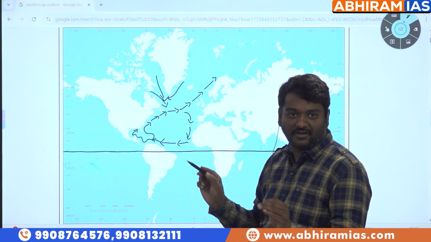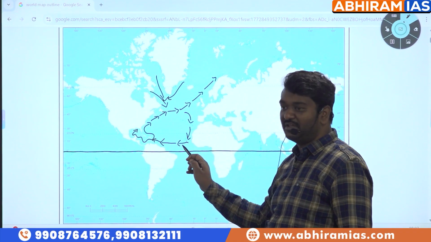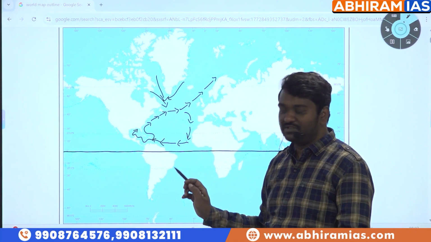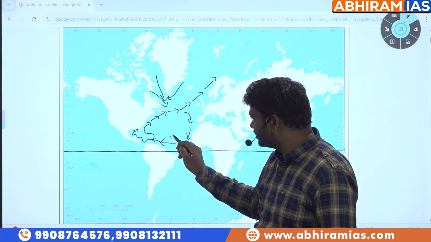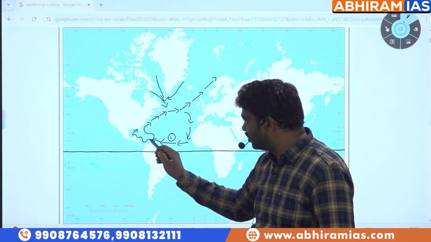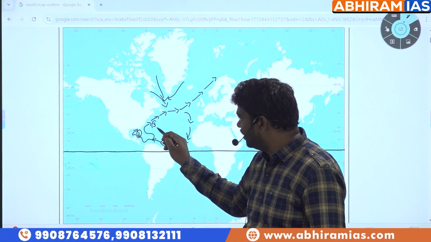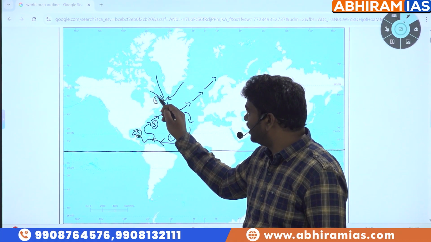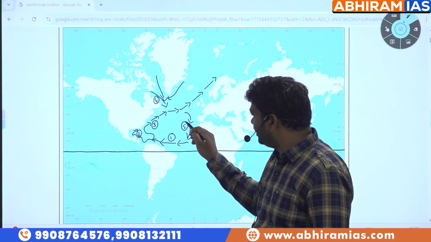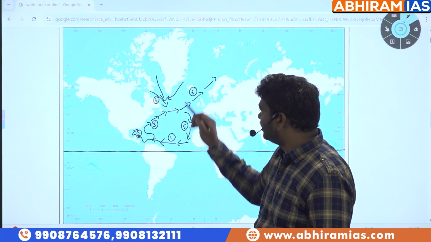North Atlantic drift. What is this which is coming here? Canary current. Once again, I'll number, you tell what this is called. North Equatorial current. What is this? Caribbean current, Gulf Stream, Labrador current, Canary current, North Atlantic drift.